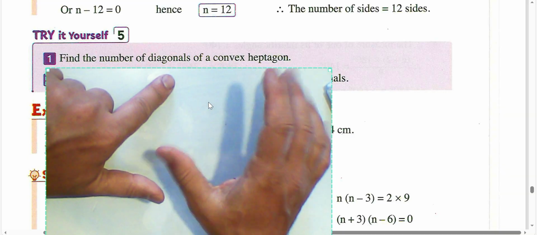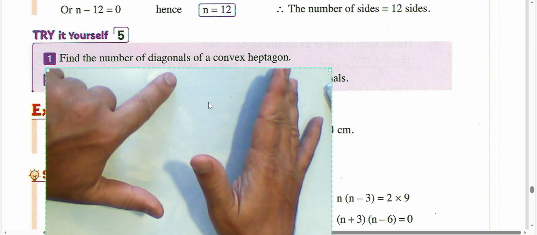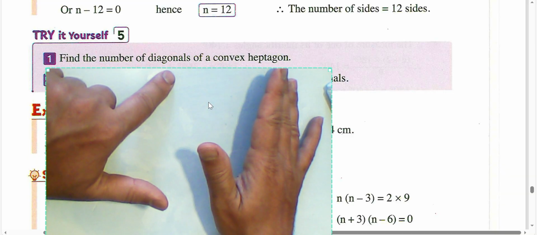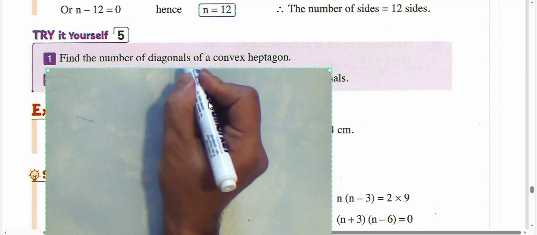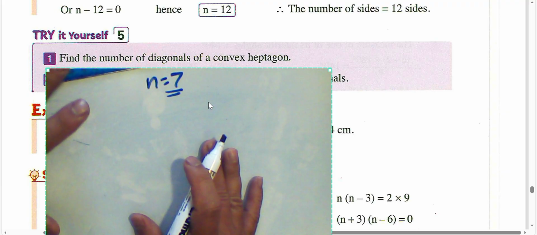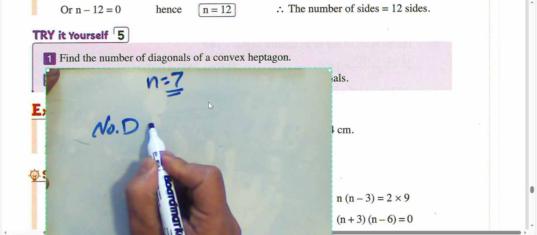Okay, again: pentagon 5, hexagon 6, heptagon 7. The heptagon means the number of sides will be 7. Okay, then we can find the number of diagonals by this rule.